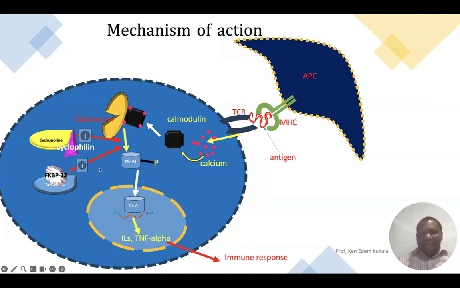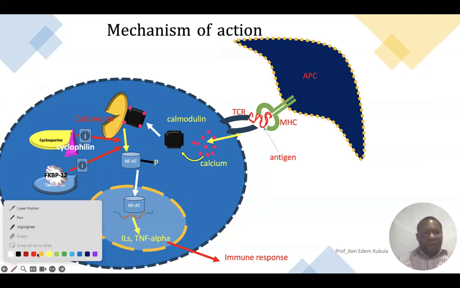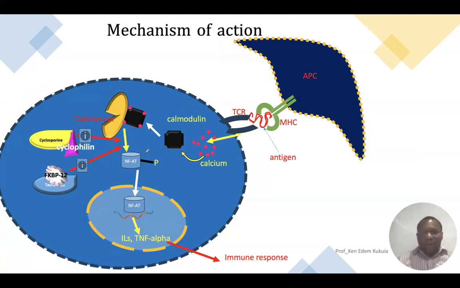So without this interaction occurring, we will not activate the transcription factor, and so the transcription factor would not move into the nucleus to induce transcription. And without the transcription, it means that the synthesis of these pro-inflammatory cytokines will reduce, and then the immune response would be suppressed. So I hope this is simple enough for all of us.